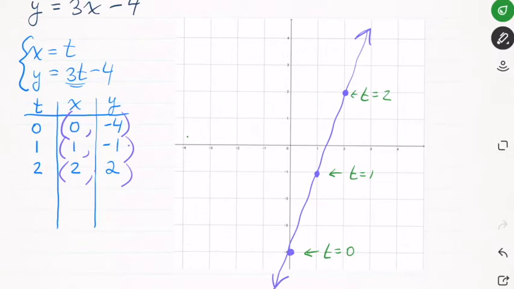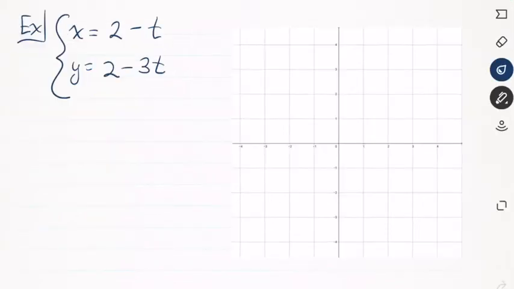And a second thing that's really important is as we graph these points, this parameterized equation has what's called orientation. So the orientation of this thing is left to right, which is normal for graphs.